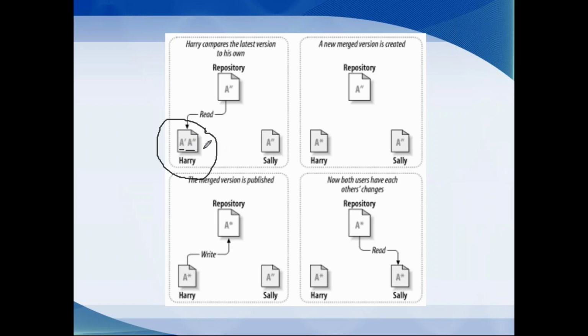So now he has the file with his changes and whatever was done by Sally. And then it becomes star. For example, this star has all the changes made by Harry and Sally. Then he commits the code to the repository. Then when Sally updates her file, Sally will have both the changes made by Harry and Sally. You got my point?